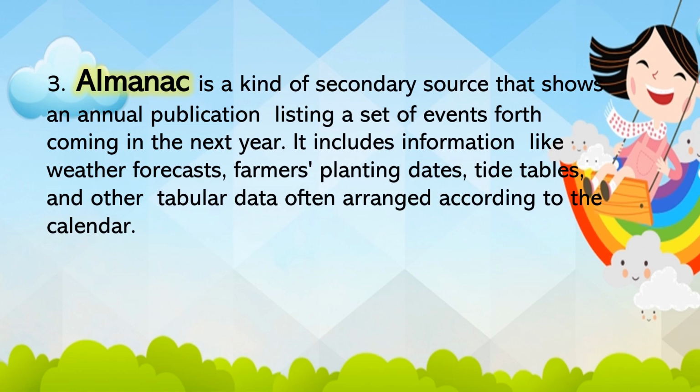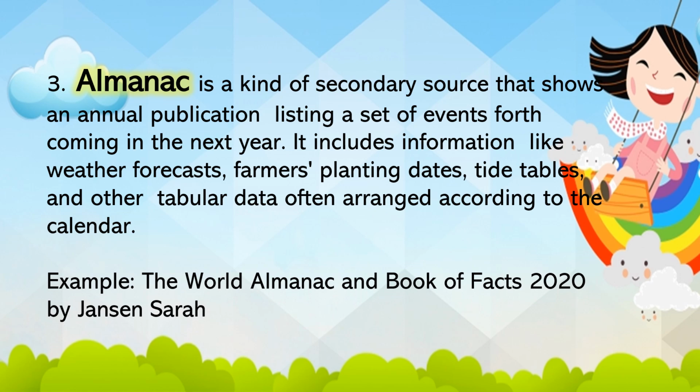Next, almanac. An almanac is a kind of secondary source that is an annual publication listing a set of events forthcoming in the next year. It includes information like weather forecasts, farmers' planting dates, tide tables, and other tabular data often arranged according to the calendar.